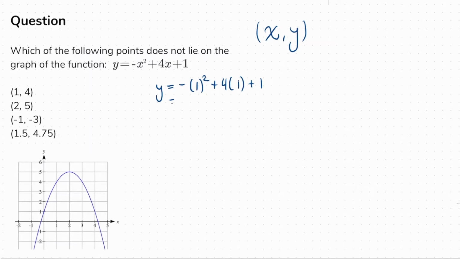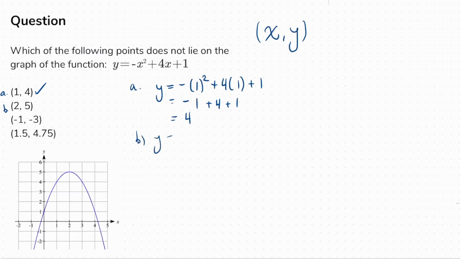So this is, let's call this one a. Minus 1 squared is minus 1 plus 4 plus 1. And we can see those minus 1 and the plus 1 cancel out. So that one works. Well, what about b?